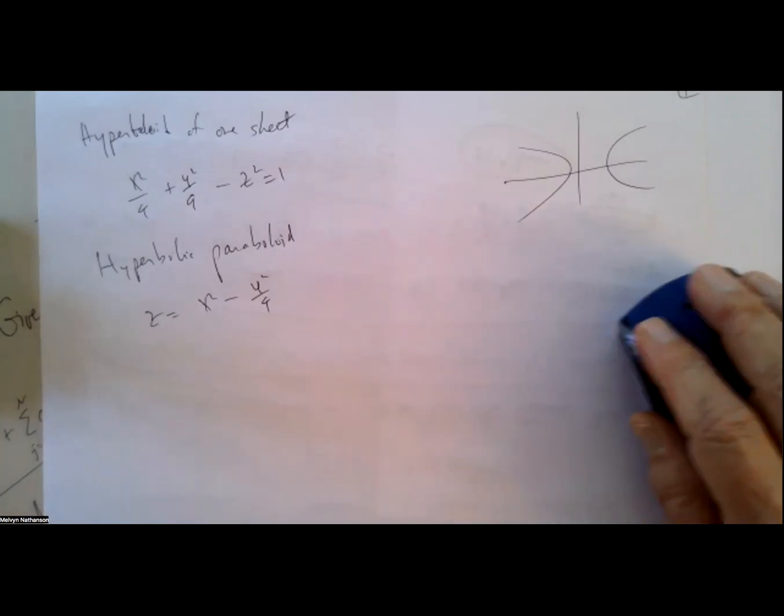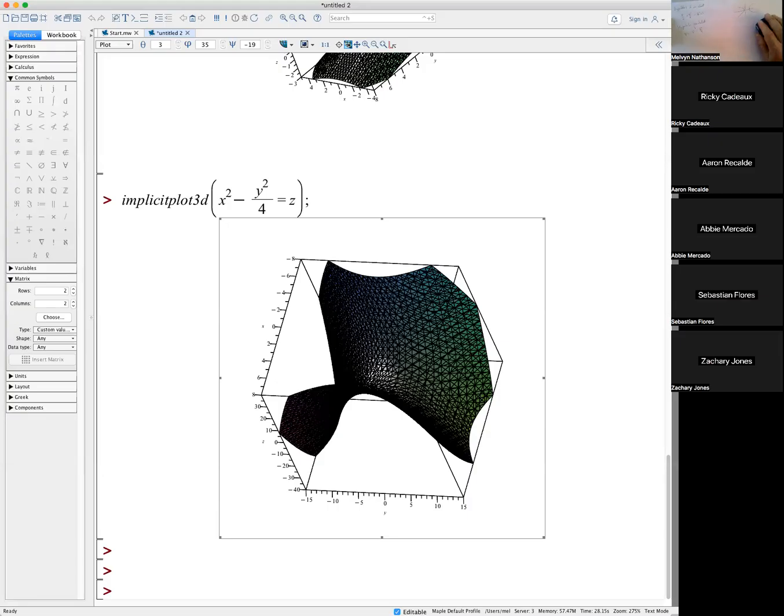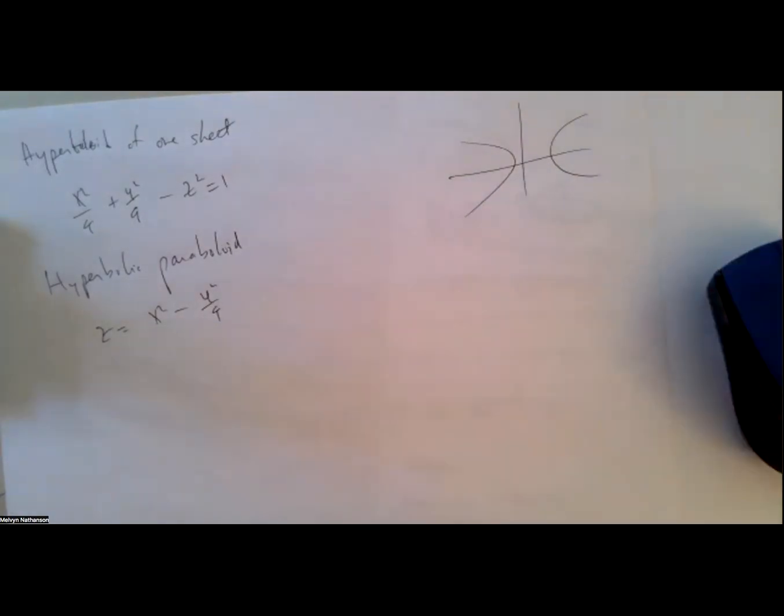Let's do one more example. This is the two-sheeted hyperboloid.